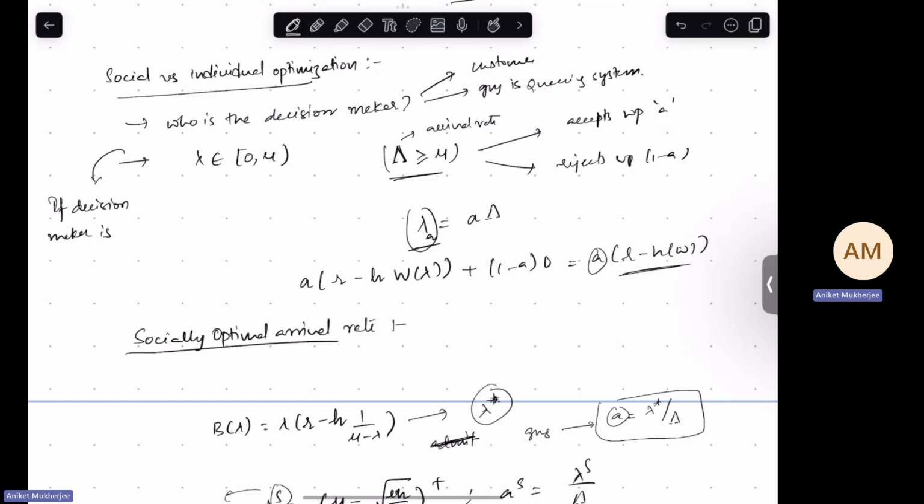But if it is the customer, then we have to answer whether each customer is making the decision for his own good, or is there someone collectively making the decision for all the customers so that the expected reward that the customers get is maximized.